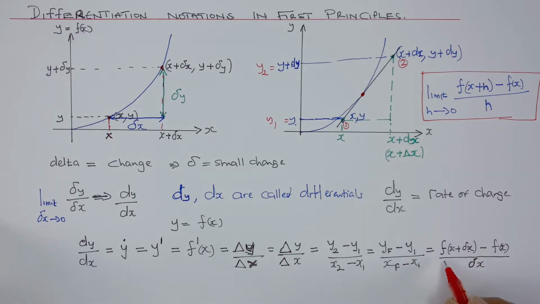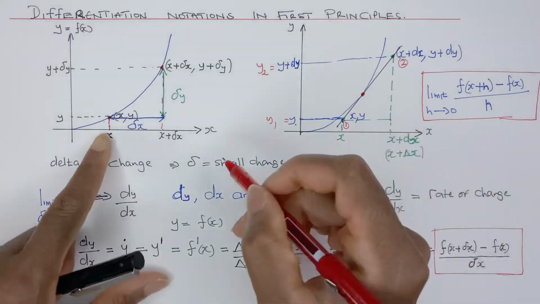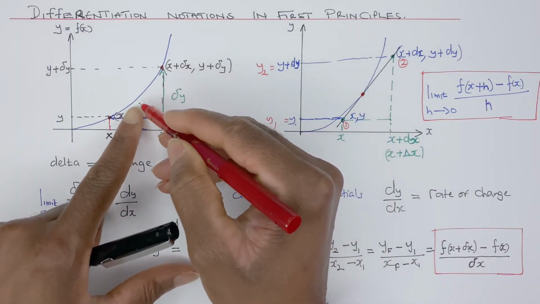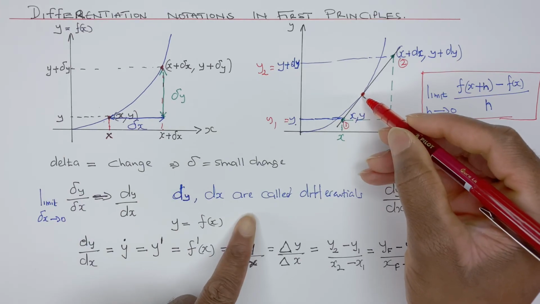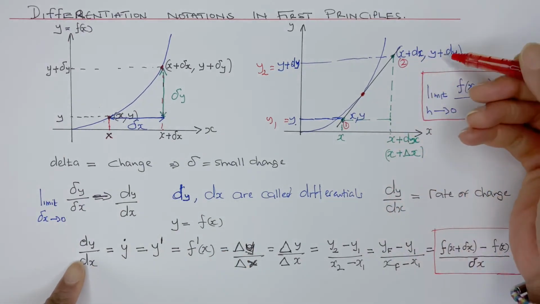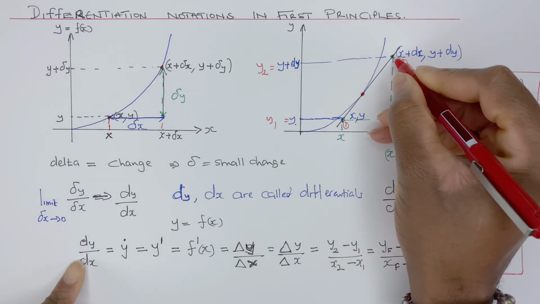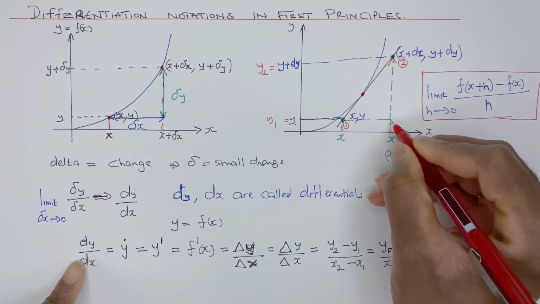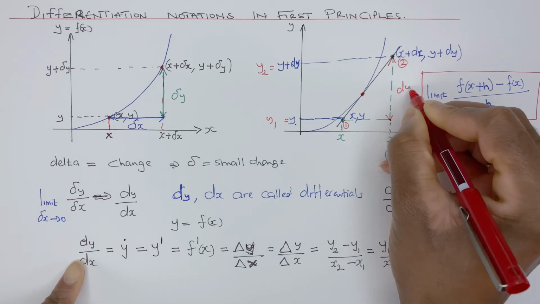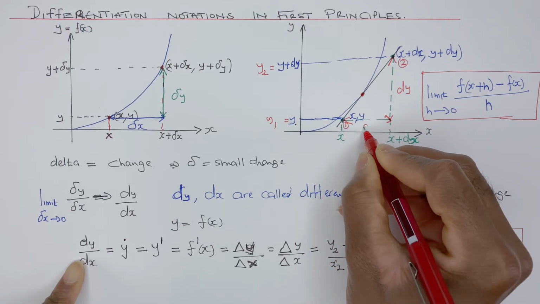And this one here is the classical method. But in the limit, it's implying that the difference between these two is so small, and then you get to a point where you can find the gradient. The difference between that and that will give you that height here. So that height will be dy, and this length here, the difference, will be dx.